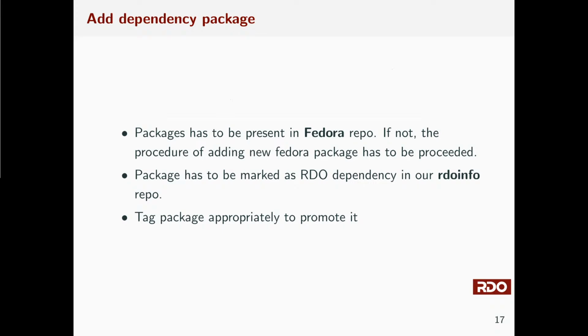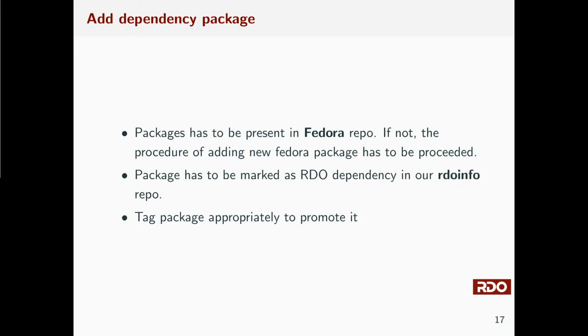How can we add a new dependency package? The procedure I'm showing here is a very simplified model of it. If you'd like to have some more details about it, I would invite you to check our RDO documentation. So for a dependency, the package has to be present in the Fedora repository. If not, the procedure of adding a new Fedora package has to be followed.